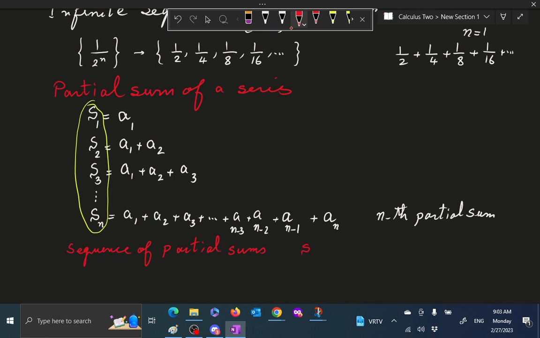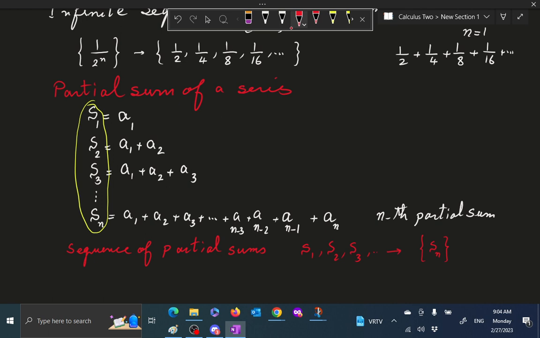So I had S1, then S2, and then S3. I can consider this as a sequence, just like the a's were a sequence. Now I have the S's as a sequence. So this is a sequence of partial sums S sub n.